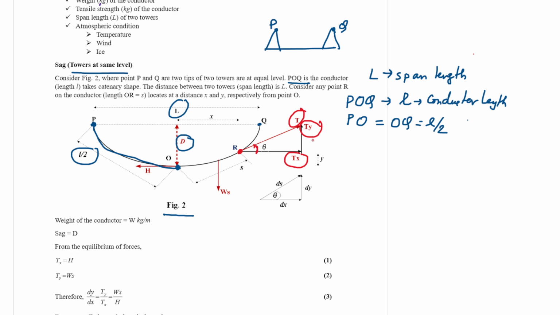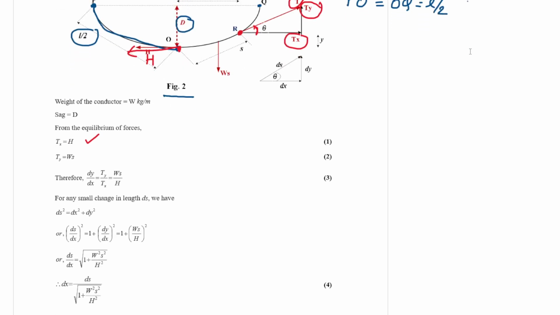Now there are three fundamental forces acting in figure 2. First of all, at this point H is acting. This is H, the tensile force. This H is balanced by Tx, the horizontal component of the tensile force. So Tx is equal to H, which is equation number 1.